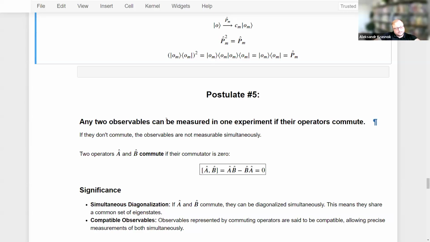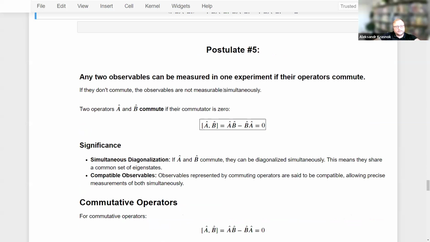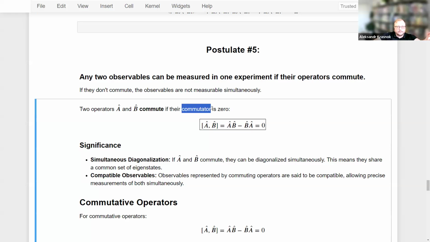And the question of whether or not two observables can be measured in an experiment is given by the operator which is called the commutator. This commutator is denoted by these square brackets.